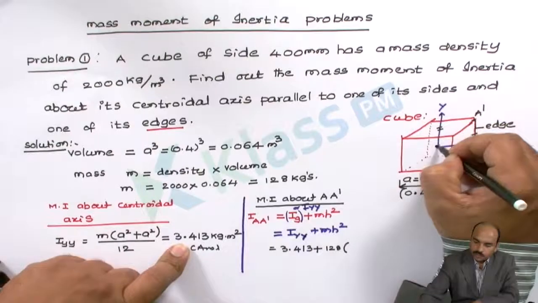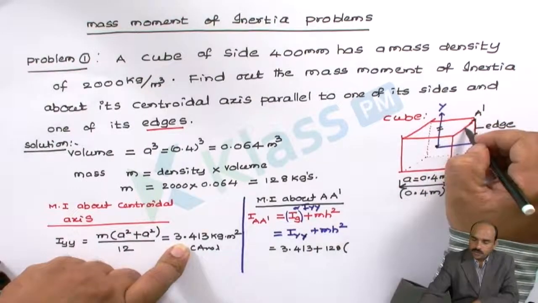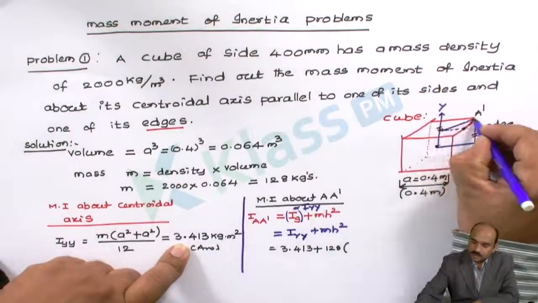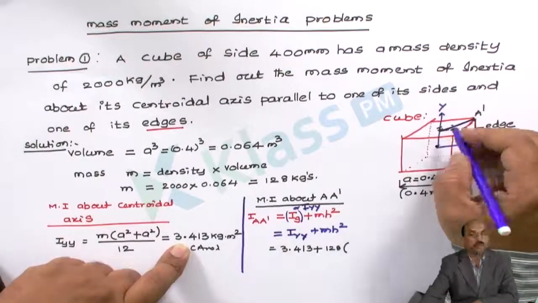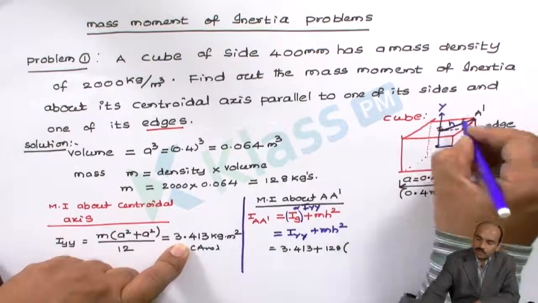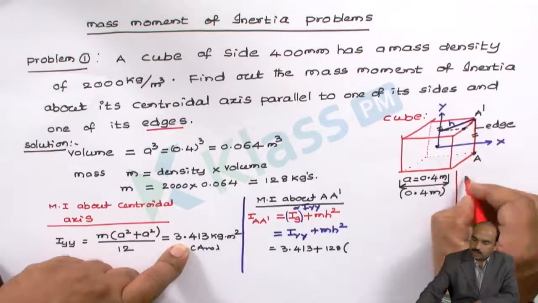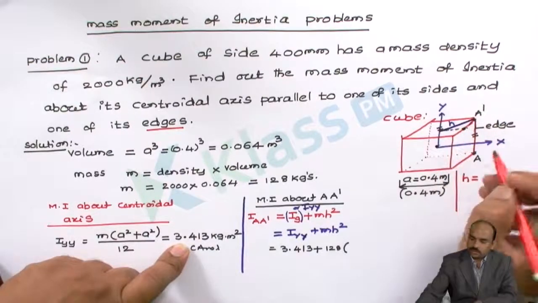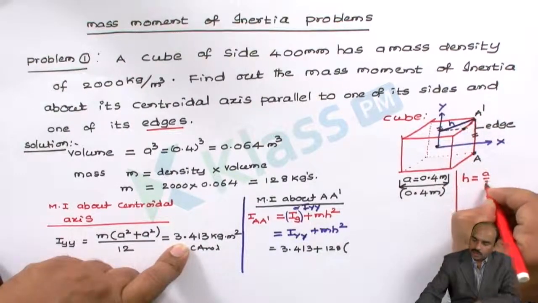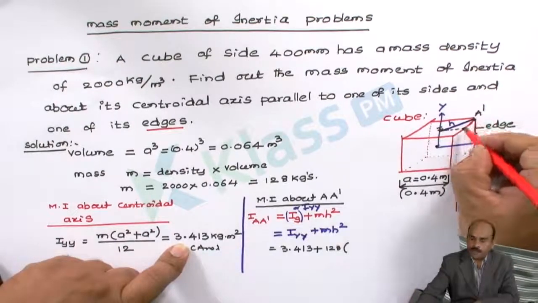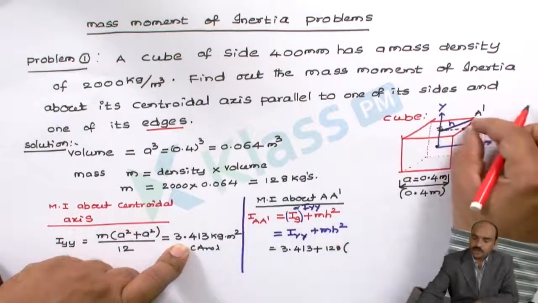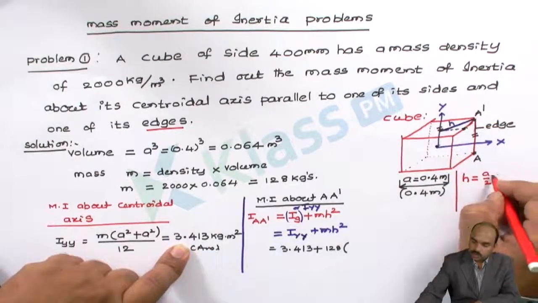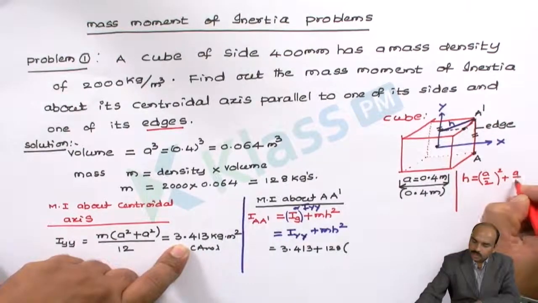The distance h you can see in the diagram. From the y axis, from the center of this side, I draw a perpendicular line. This perpendicular distance is the small h. It becomes a diagonal, so it can be calculated as follows: the total side is a, up to this point the distance is a by 2 and the remaining distance is a by 2. According to Pythagoras theorem, h square equals a by 2 whole square plus a by 2 whole square.